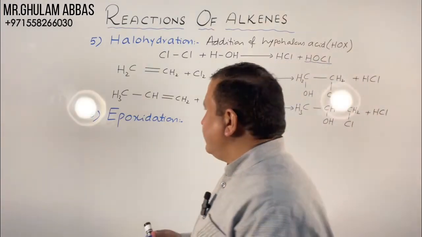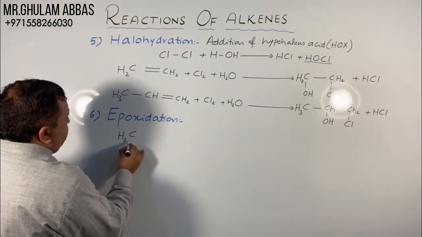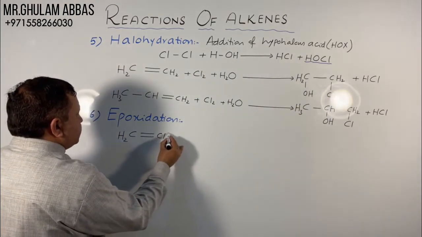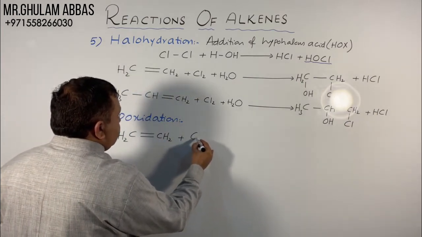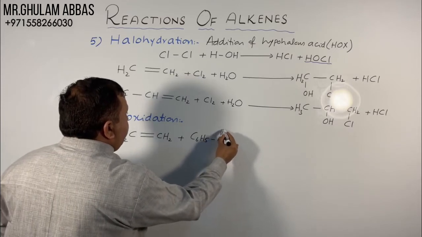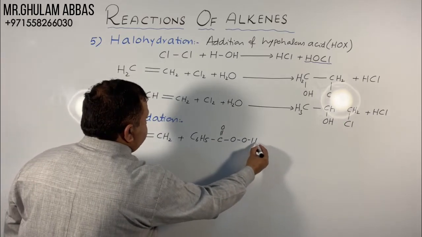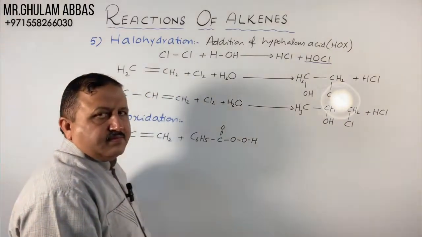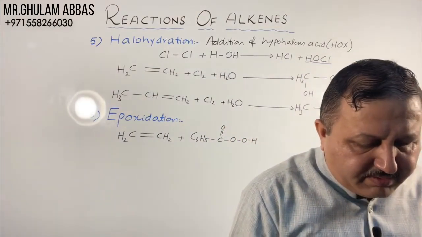First is a simple reaction, CH2 double bond CH2. The reagent is C6H5 C double bond O, O and H. We should know the name of this compound.